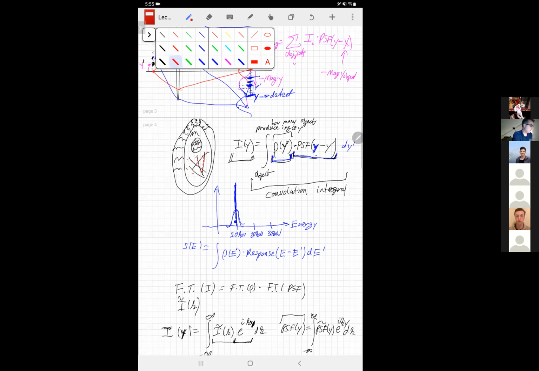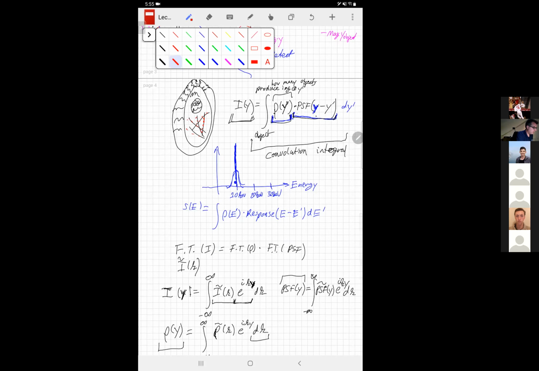On the right, down at the bottom, the PSF, is that on Y or K? The input? Oh, that should have been K, my bad. Okay, yeah, that was just confusing me. Other questions?